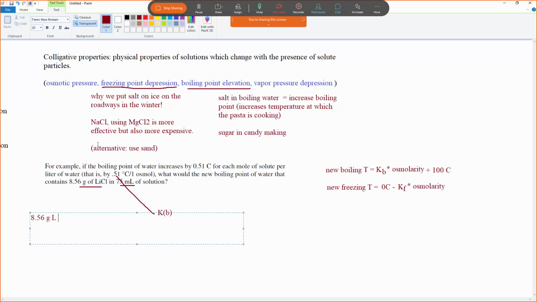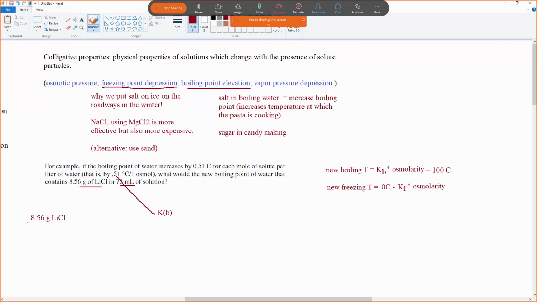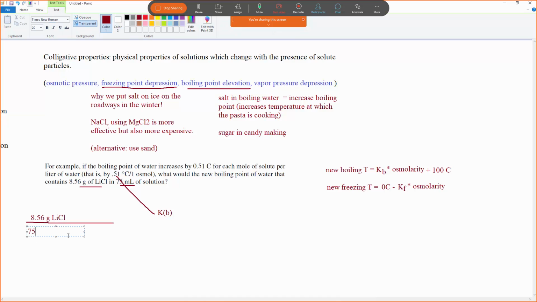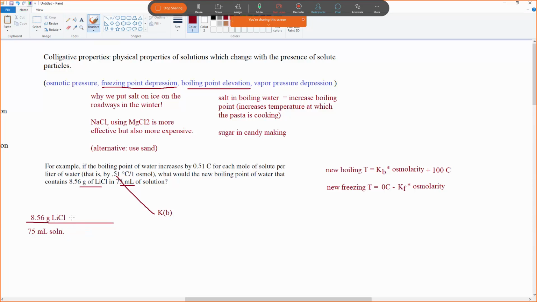8.56 grams LiCl. My target here is going to be moles per liter, right? So to get from grams to moles, and this is liters.